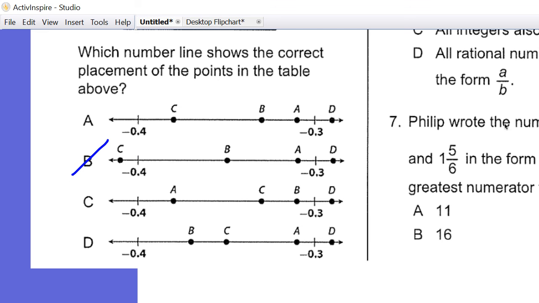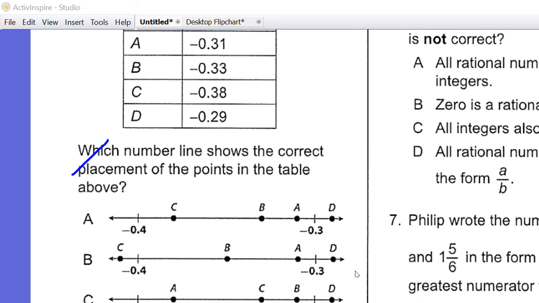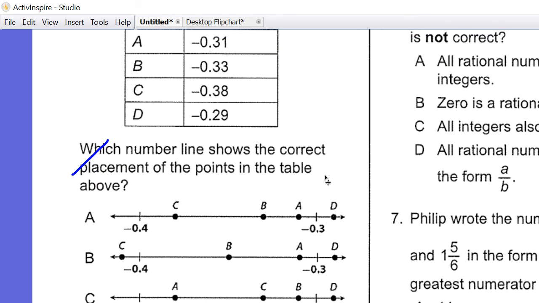If you look at C, C doesn't work because A is supposed to be at negative 31 hundredths, and it's way out here. That's not negative 31 hundredths, so it's not C, it's not B. And then D, there's a reason why D doesn't work. D doesn't work because C is supposed to be at negative 38 hundredths, and B is supposed to be at negative 33 hundredths, so B can't be past C. So it's a good idea to find what you think is the right answer, and then just double check that by seeing if you can find mistakes in the other ones.